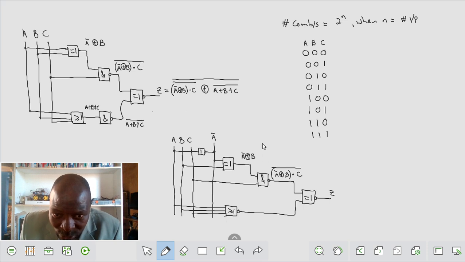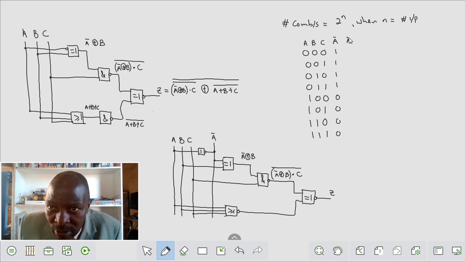Our first stage will be A or B. If they say do that, we've got a NOT A. That part is easy. Why? Everything that is A is inverted. So that will be 1, 1, 1, 1 for the 4 zeros, and 0, 0, 0, 0 for the subsequent 4 ones. Then we'd have to look and say the next one is what?